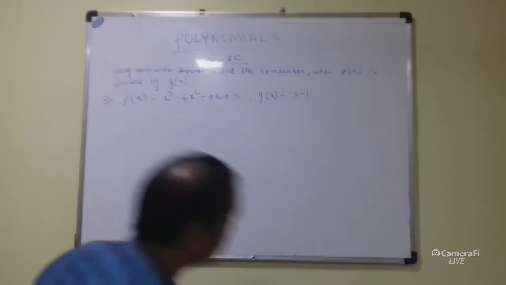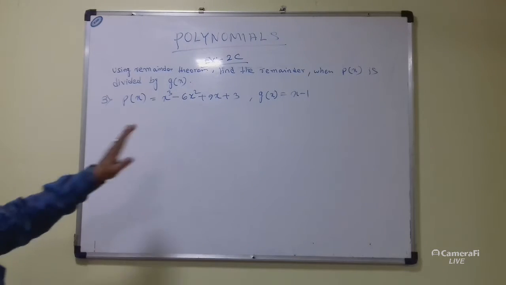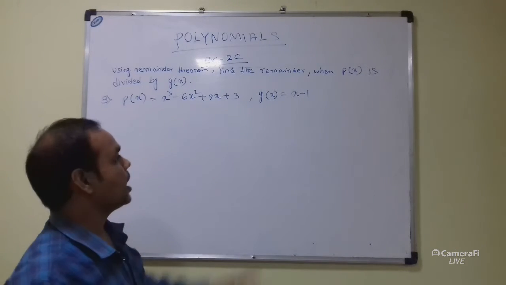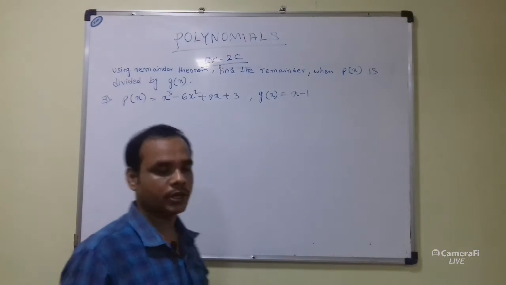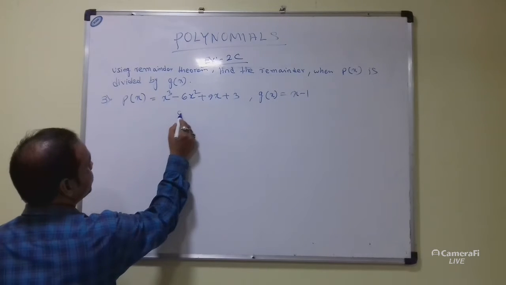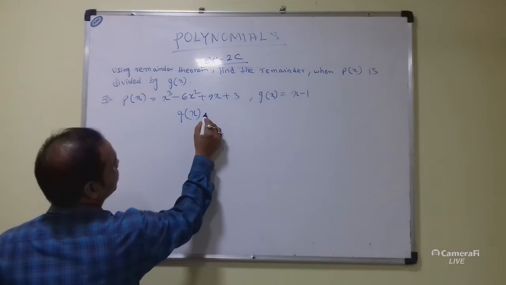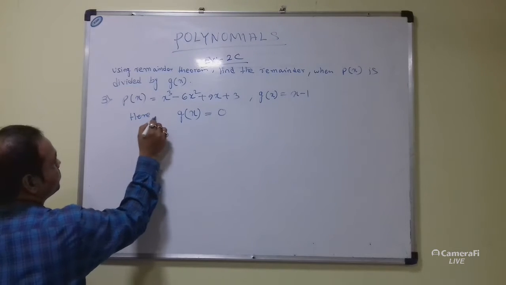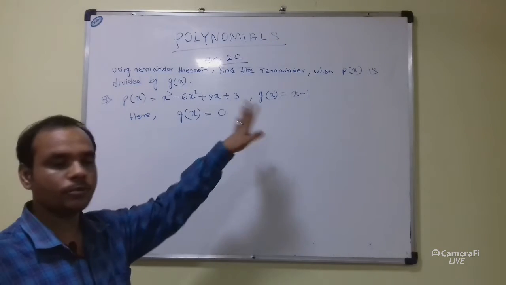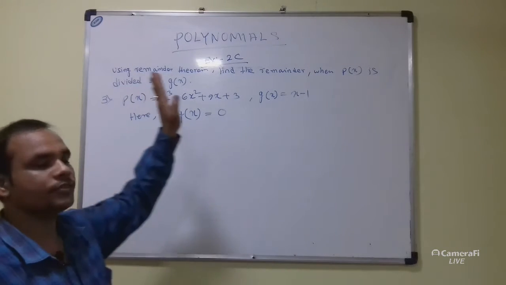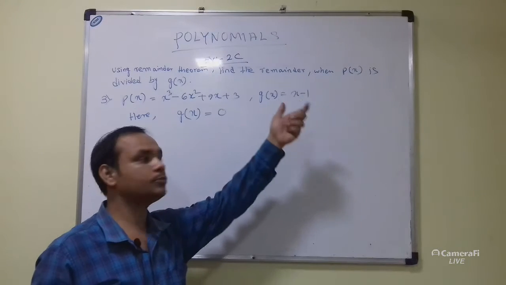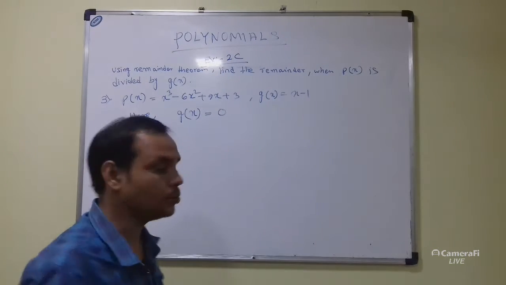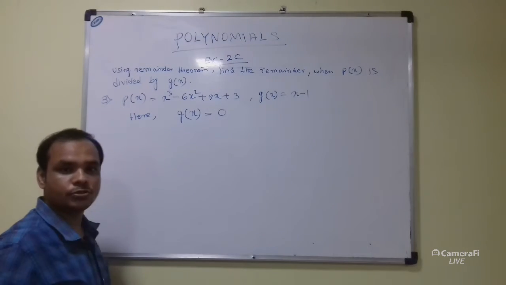First of all we have to take G(x) equal to 0, because P(x) is the dividend and G(x) is the divisor. So we have to take the divisor equal to 0.